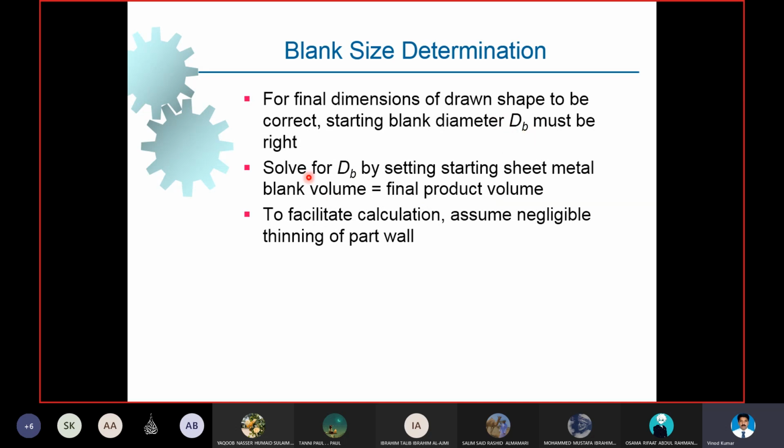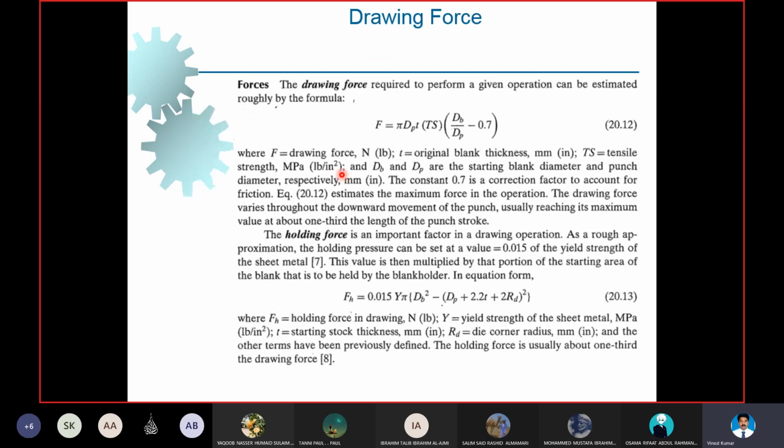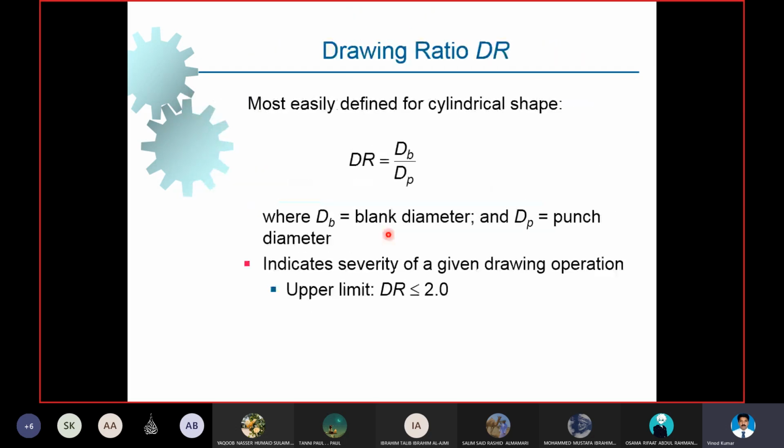As I explained before, this is how you select the diameter of the blank for production of a cup. You have the final volume of the cup, and you can equate it to the initial volume of the blank. What is the initial material? You see here in this slide, this is the cup, and you have its final volume.